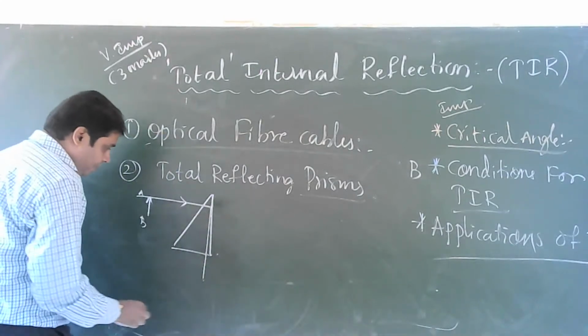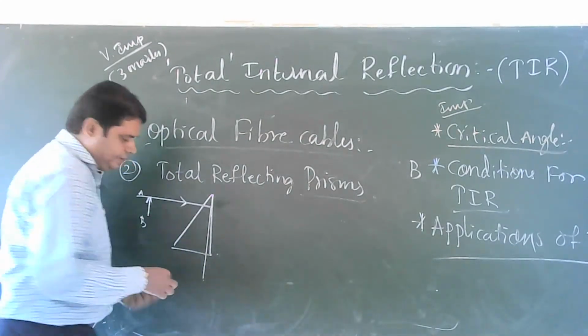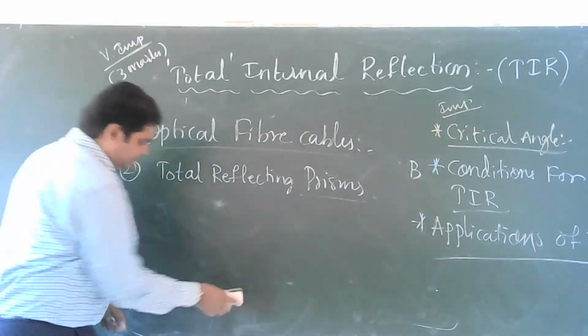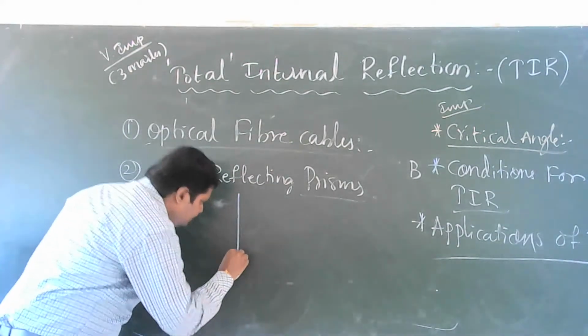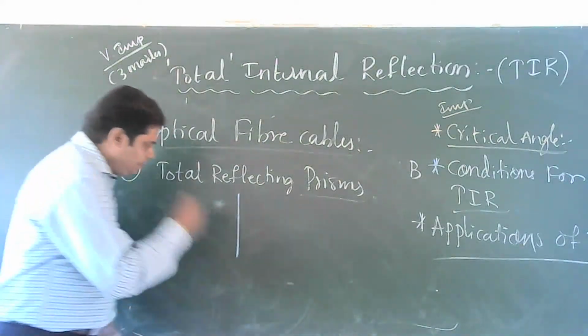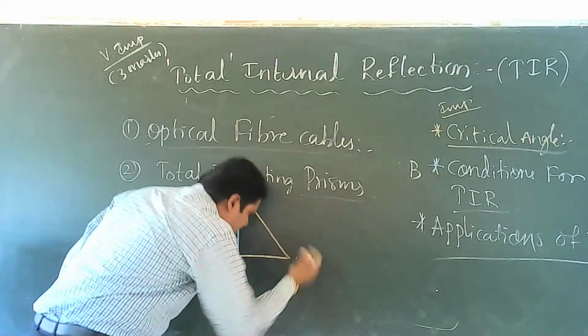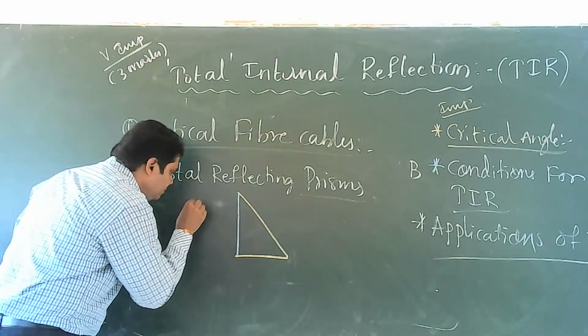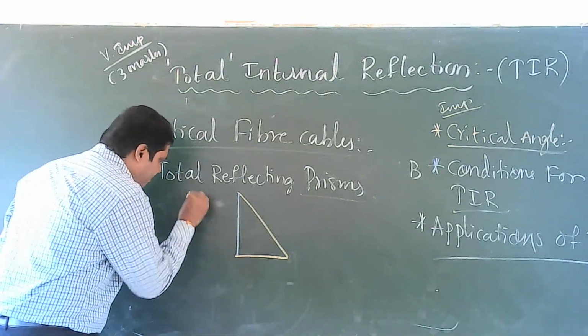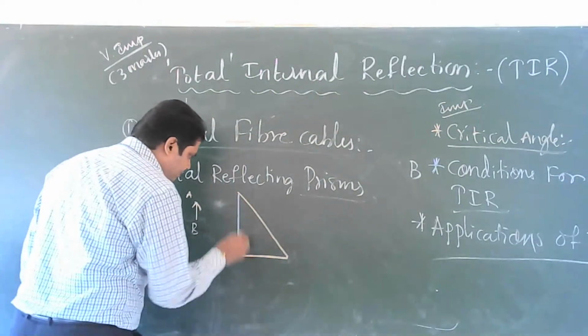Here we have the object, say AB. This is the prism.